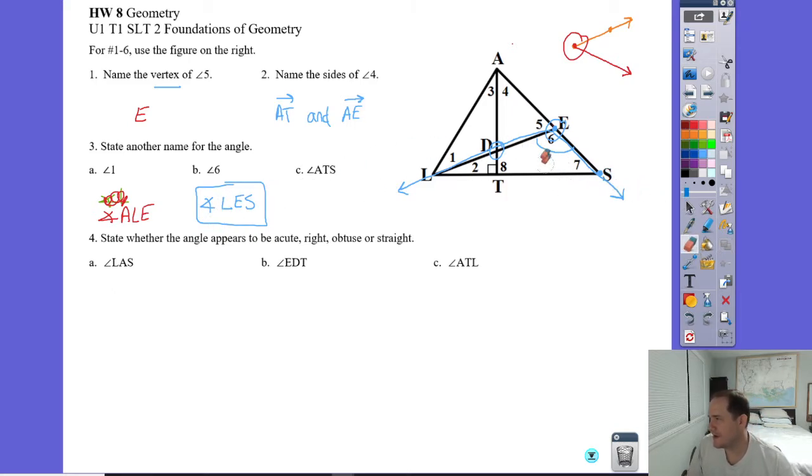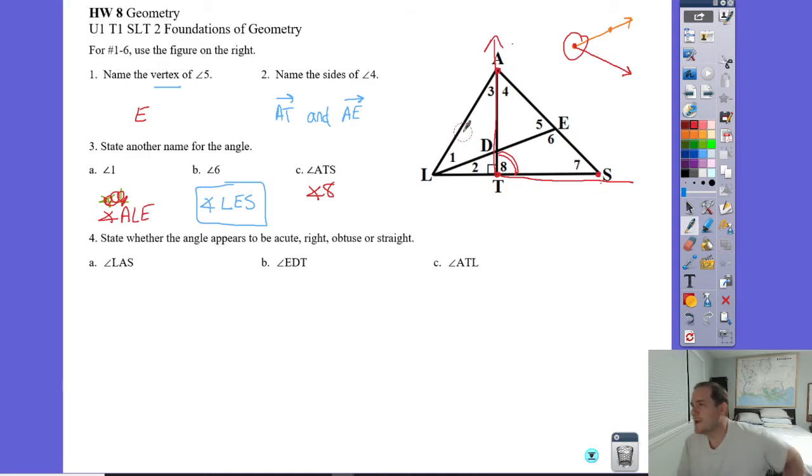And then they're going to go the opposite way. They're going to give us the 3 points to name an angle. That's better. So ATS. So if I start at A, and then I move to T, and then I run to S, then you guys can see that from A to T, T to S, we're talking about this angle right here, which we could just call angle 8.